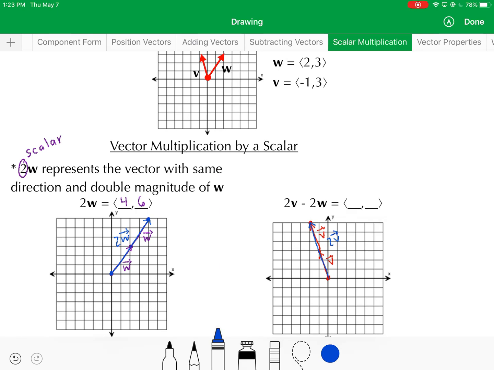And then we have to subtract 2 times vector w. So that means we have to draw out w twice, but in the negative or in the opposite direction of the original w. Okay? So that means from this terminal point, I'm going to move 2 units left and 3 units down. So that would be negative w. And then I do it again. 2 units left, 3 units down.